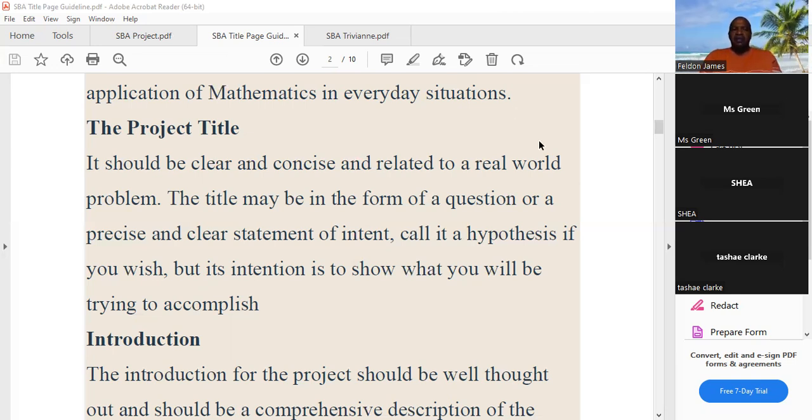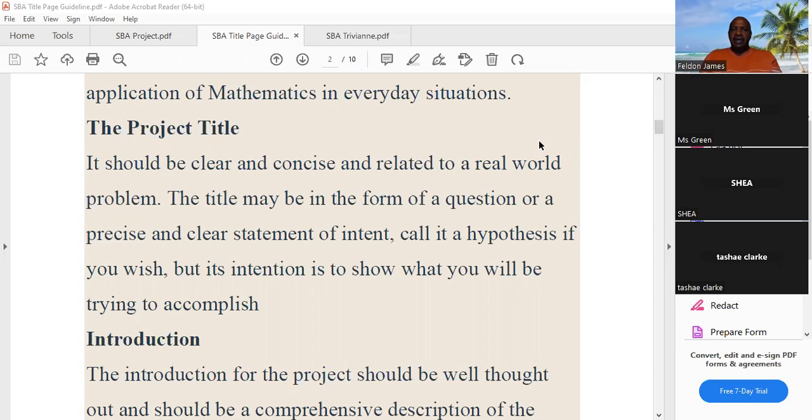Now, your question will be a question that you will have to do research on. When you do research, it means that you'll have to go and carry out a survey and collect some information. So the question that you ask, you're now going to create a survey to collect data.